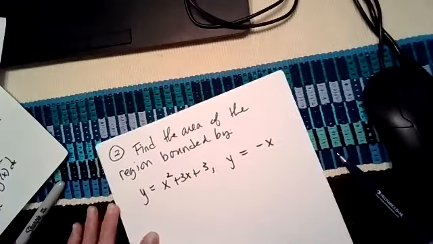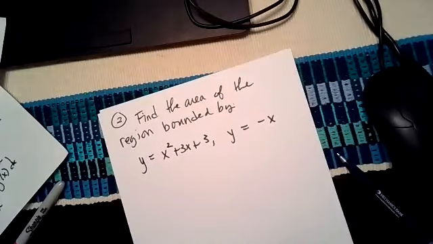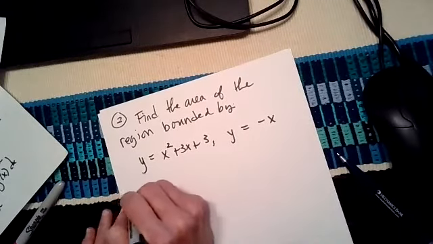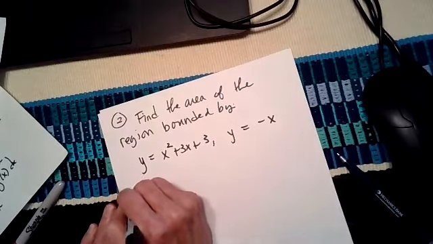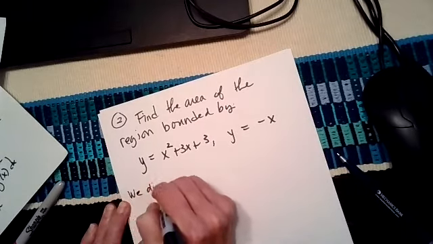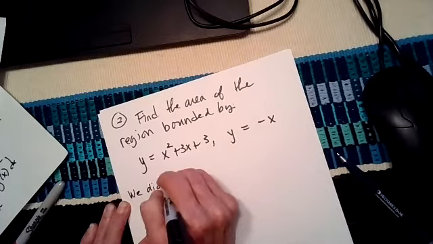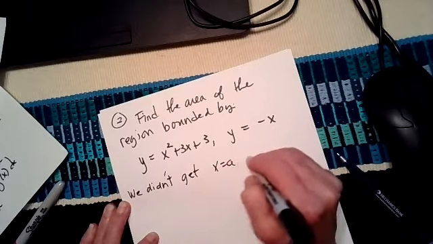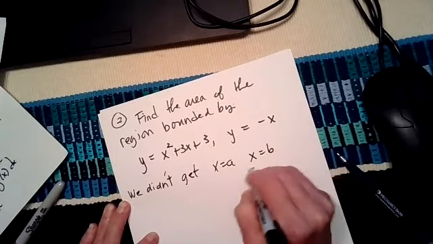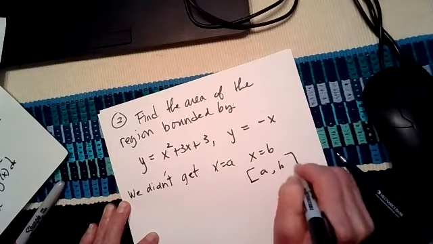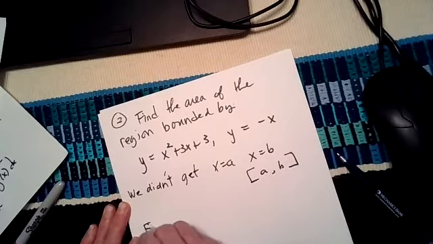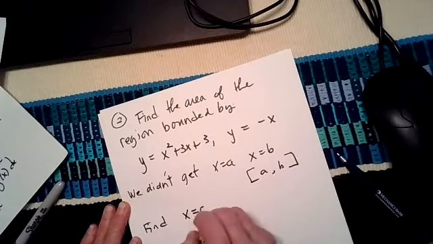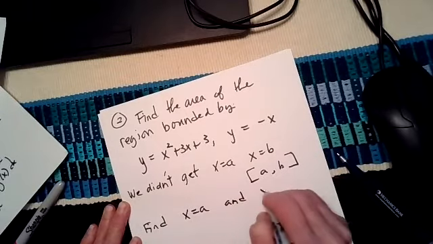And that's all they give us. So what did they not give us? We didn't get x is equal to a, x is equal to b, or that interval from a to b. So we have to find x is equal to a and x is equal to b.